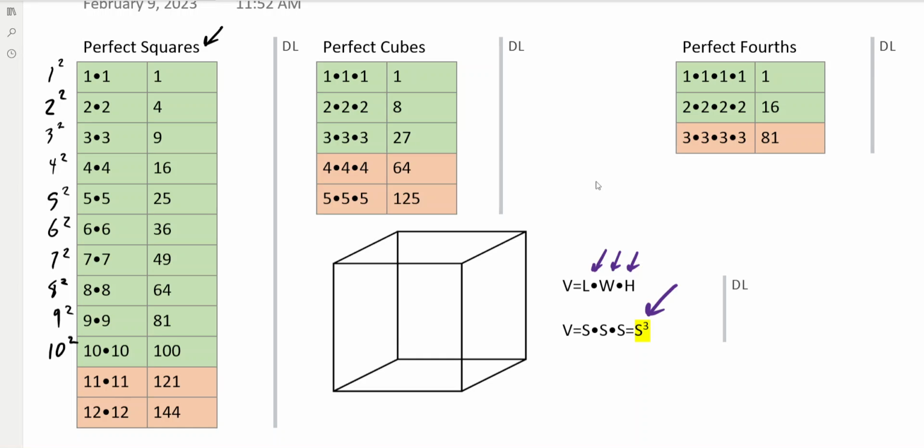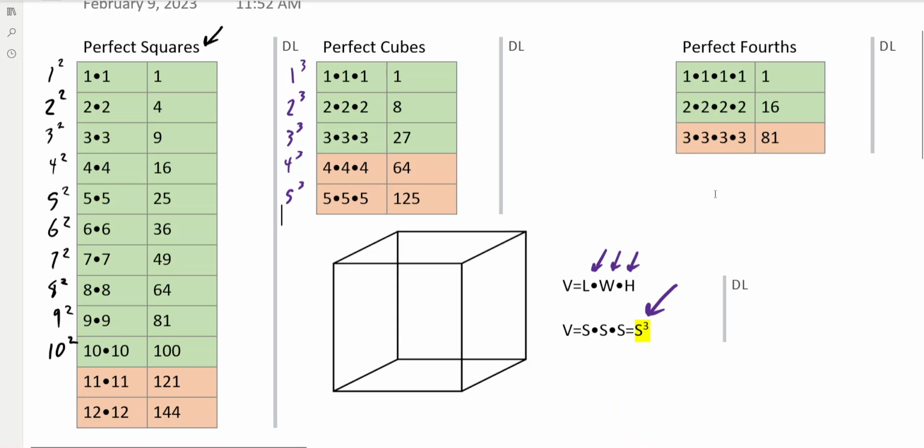Basically 1 cubed is 1, 2 cubed is 8, 3 cubed is 27, 4 cubed is 64, and 5 cubed is 125. I recommend memorizing all of these, but the green ones are very much necessary. The 4 and the 5 maybe a little less so, but up to 3 would be very, very helpful for you.